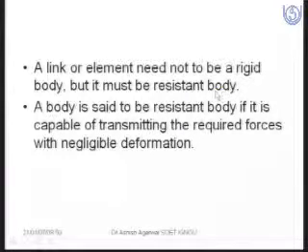If we are using a link for a particular purpose, it will remain resistant for that purpose, but not necessarily for another. A body is said to be a resistant body if it is capable of transmitting the required forces with negligible deformation, meaning the relative motion is zero.